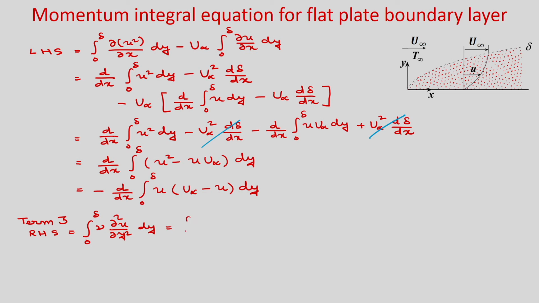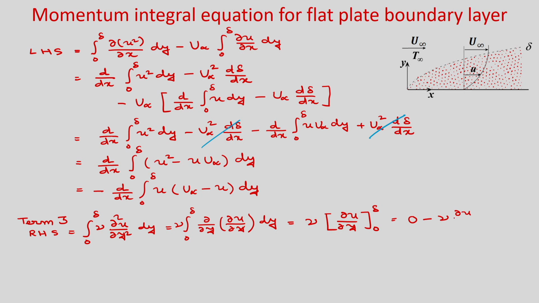So, this ν you can take outside because it is your fluid property and constant. So, you can write ∂/∂y (∂u/∂y) dy. So, these ∂y will get cancelled, and you can write this as ν ∂u/∂y from 0 to δ.